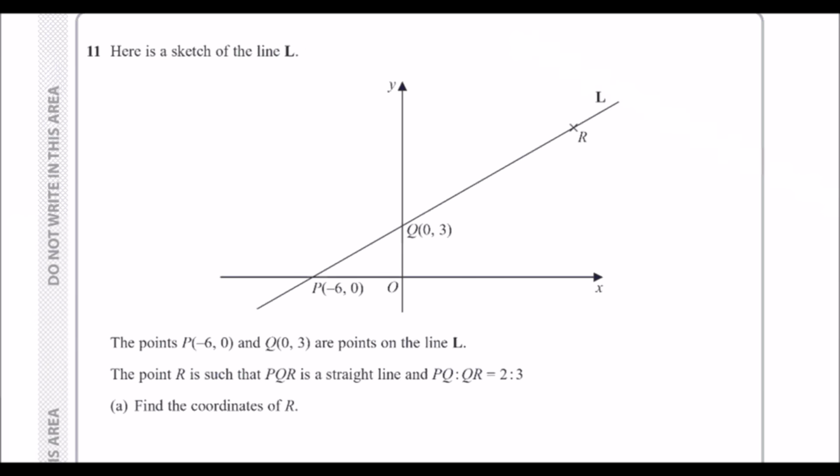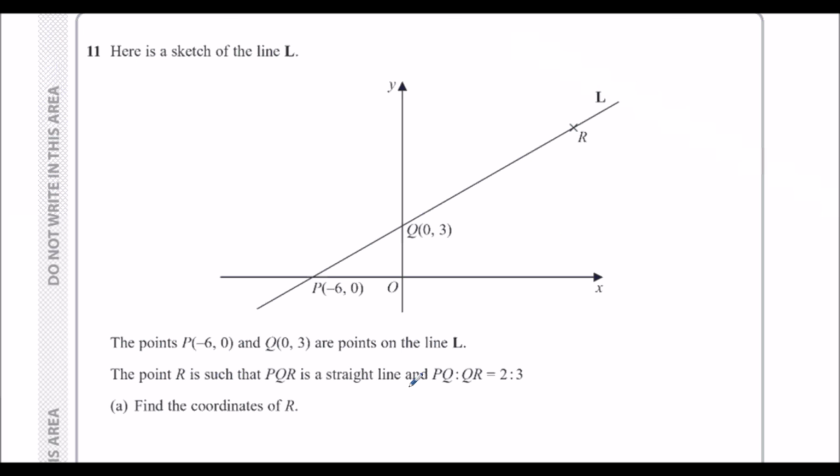Question 11. Here is a sketch of the line L. The points -6, 0 and 0, 3 are points on the line L. The point R is such that PQR is a straight line, and PQ to QR is 2 to 3.